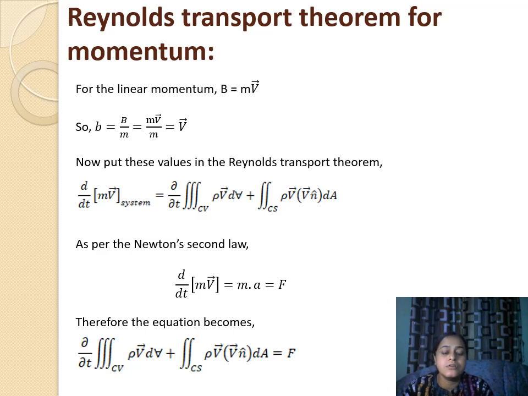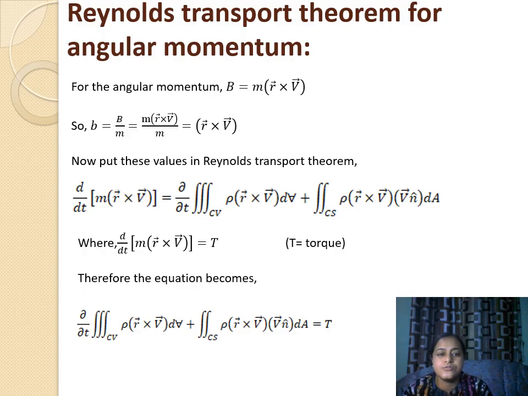As per Newton's second law, d by dt of m V bar equals m a equals capital F, which means force. Therefore the equation becomes del by del t triple integral CV rho V bar d-volume plus double integration CS rho V bar dot n cap dA equals capital F.